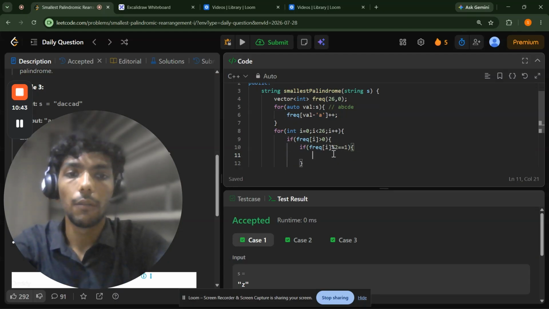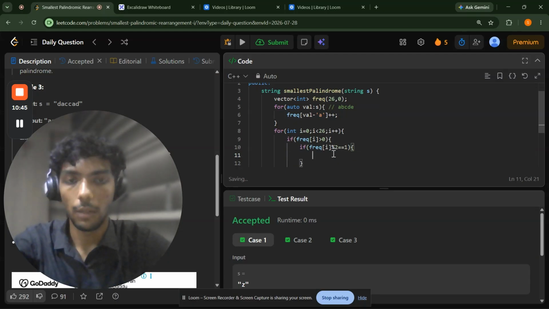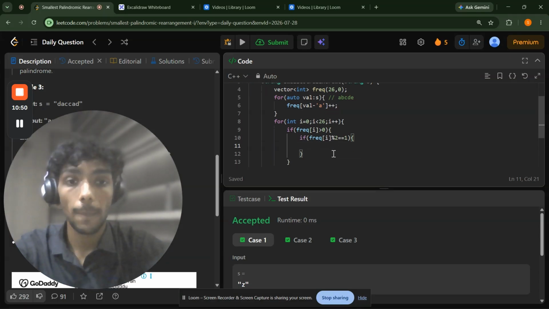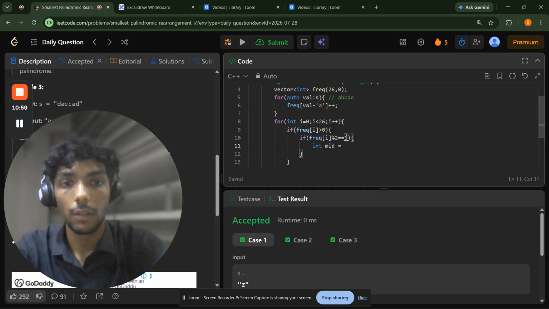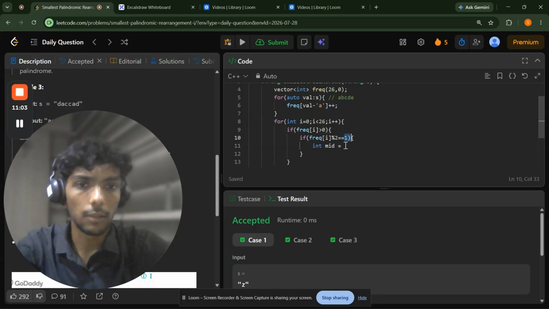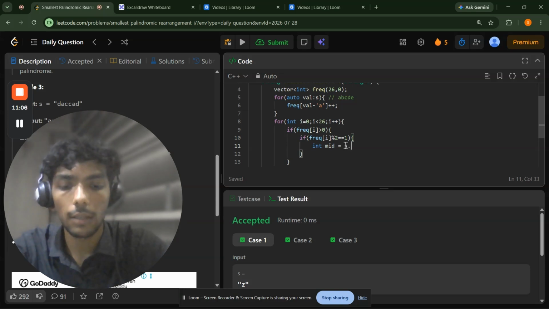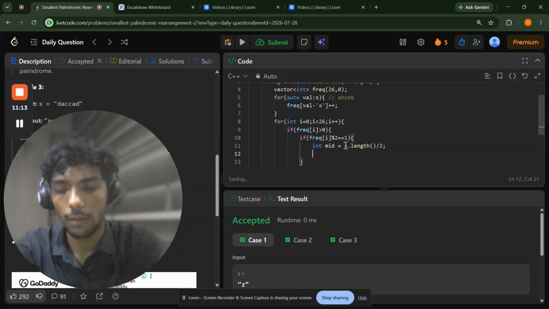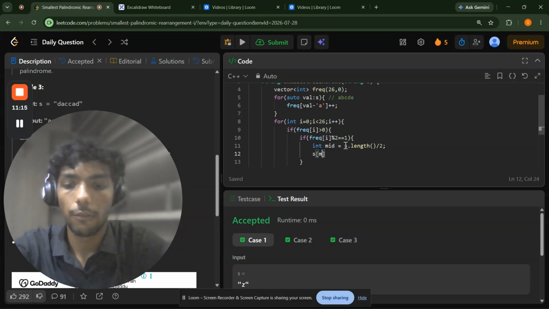That is, we need to put one element in the middle. So let's find mid. If it equals 1, we can consider that it has odd length, and the length by 2 will be its mid. S dot length by 2, and we will put that element in S of mid.